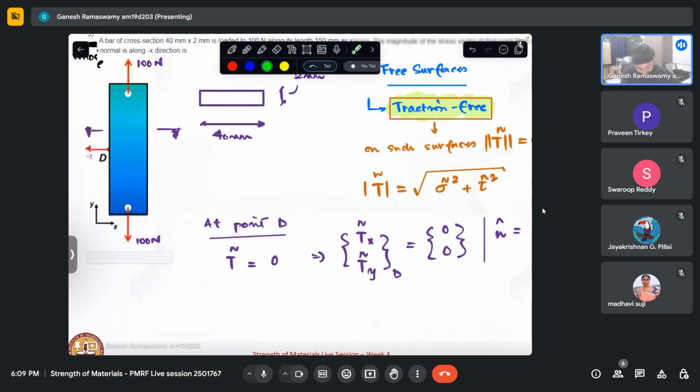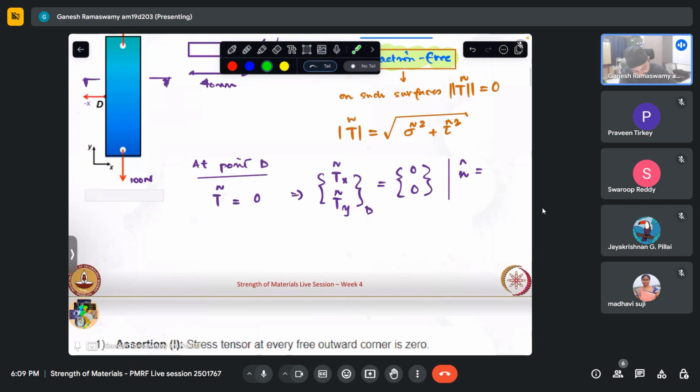I know that this makes an angle, if this is positive x and this is positive y, I know this direction makes an angle 180 degrees. The normal makes an angle 180 degrees with the positive x axis.